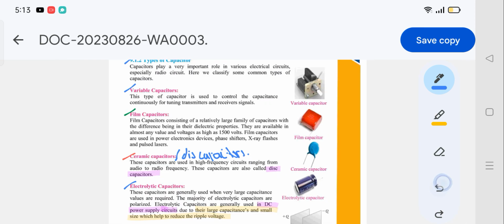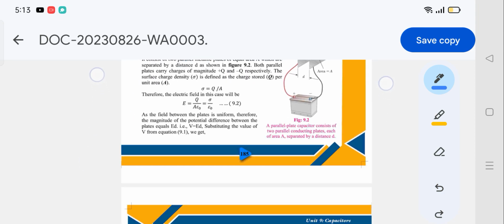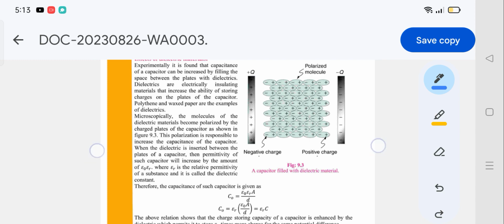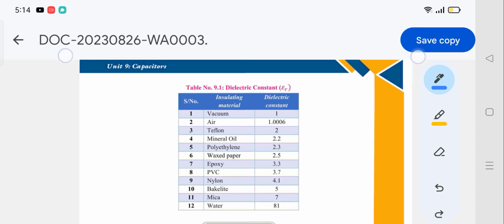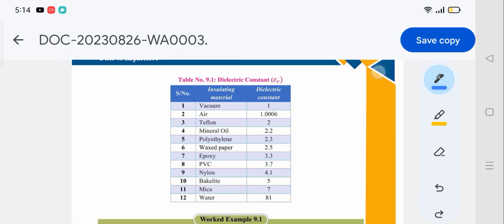Afterwards we discussed the dielectric constants of insulating materials. As you can see on the page, the lowest dielectric constant is that of vacuum, then air, then Teflon, mineral oil, polyethylene, waxed paper, epoxy, PVC, nylon, bakelite, mica, and a very large dielectric constant for water.